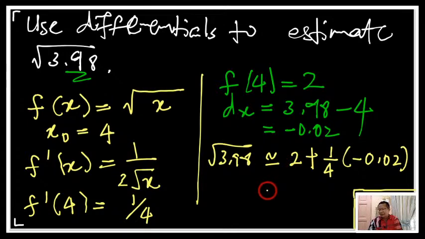So you should get the answer as 1 point something, 1.995. This one is an approximation.